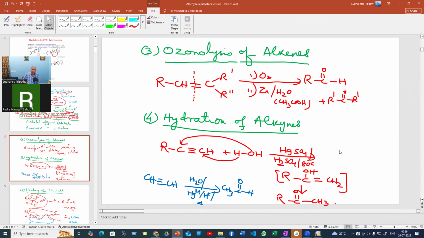If it is a terminal alkyne, it gives a 2-one, always 2-one. But in an internal alkyne that is unsymmetrical like pent-2-yne, you get a mixture of both pentan-2-one and pentan-3-one. You can't arrest it. You get a mixture of two, but that is why it is suitable for terminal alkynes to get 2-ones.